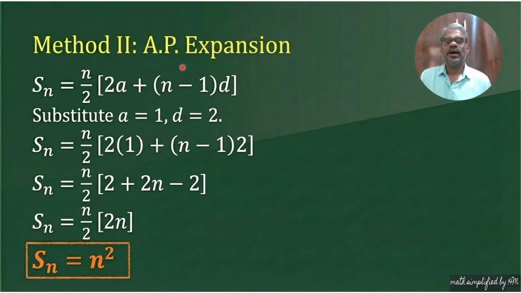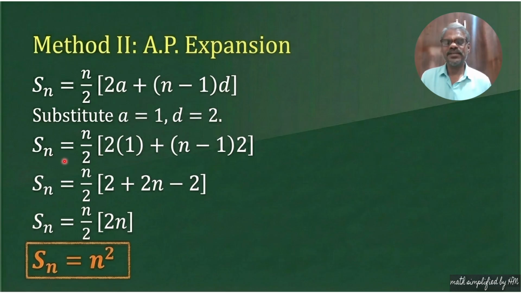Method 2, arithmetic progression sum expansion. Sn = n/2 [2a + (n - 1)d]. Substitute a = 1, d = 2 and n = n.